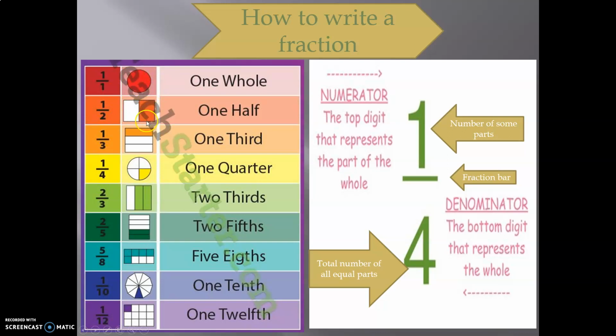I have a square and I divide it into 2 equal parts, and I will color only one part out of 2. 1 out of 2 is called 1/2. And the other white part is 1 out of the 2 equal parts. It's another half. So the 2 halves together make the whole 1.